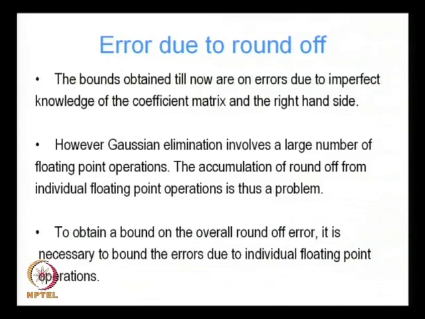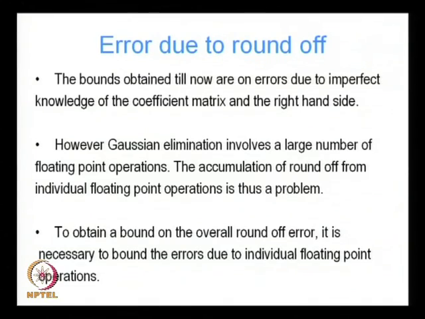So in the next part of this lecture we are planning to talk about errors due to round off. Up till now we have talked about errors due to imperfect knowledge of the coefficient matrix and the right hand side. However, suppose we know our coefficient matrix and our right hand side, and then we do the Gaussian elimination, but Gaussian elimination involves a large number of floating point operations.